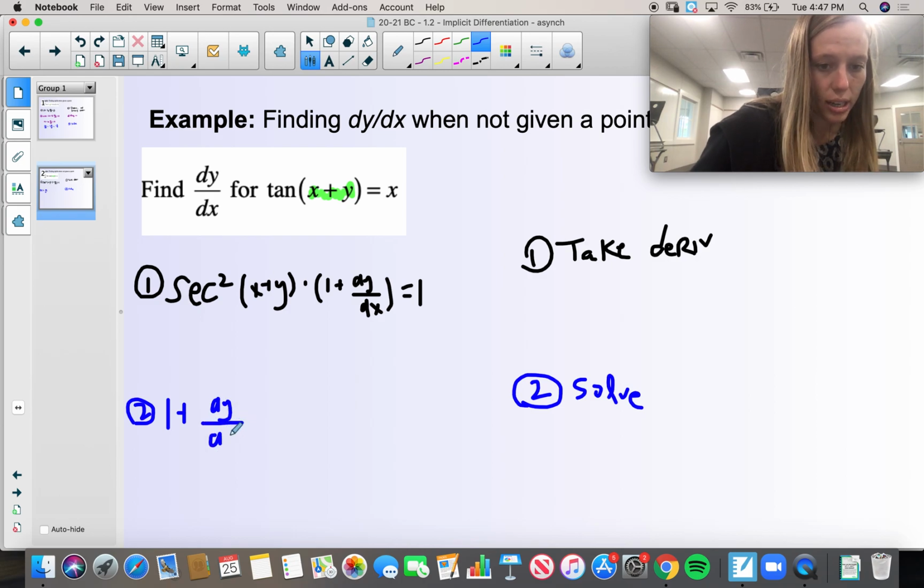And remember, dy/dx is the same thing as y prime. And that's going to be equal to 1 over secant squared of x plus y. That's a little bit small.